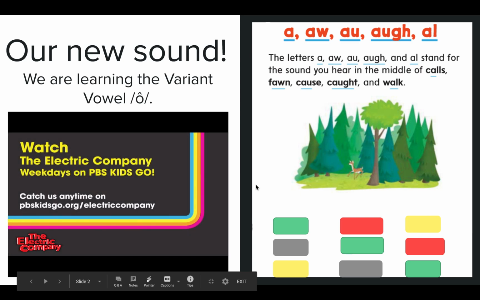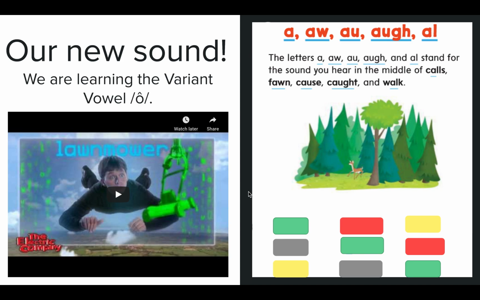Great job, friends. Let's practice reading some words with the ah sound together. B, ah, ul, ball. T, ah, k, ing, talking.